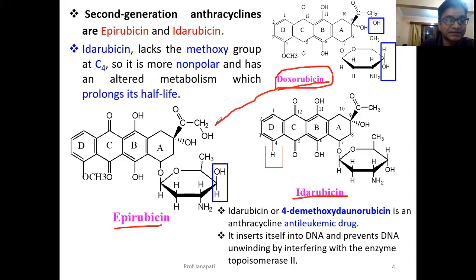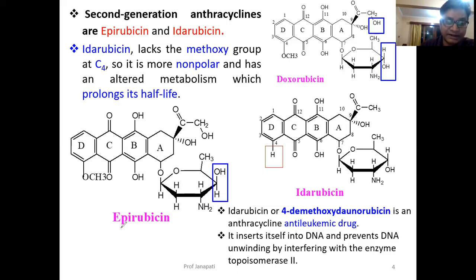If you see the structures here, it has a hydroxyacetyl group at the ninth position, the same as in doxorubicin. The difference is that in the sugar molecule at the fourth position, the hydroxyl group is up here, whereas in the other it is below the plane.